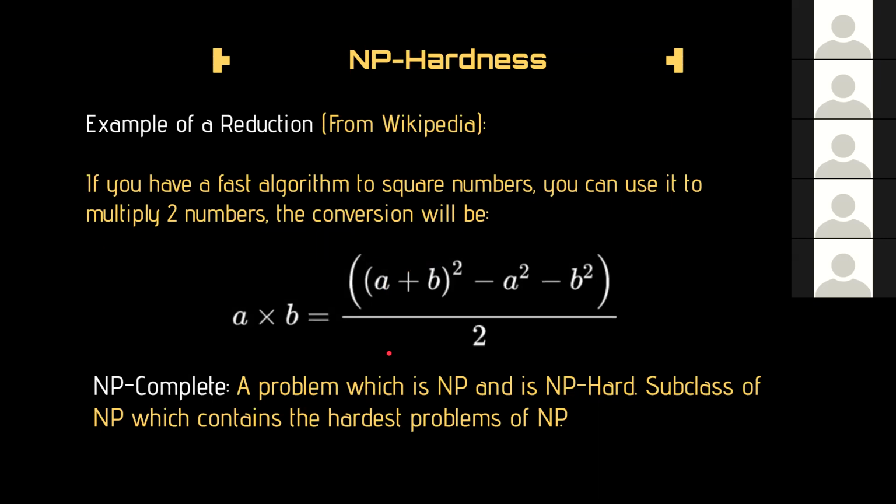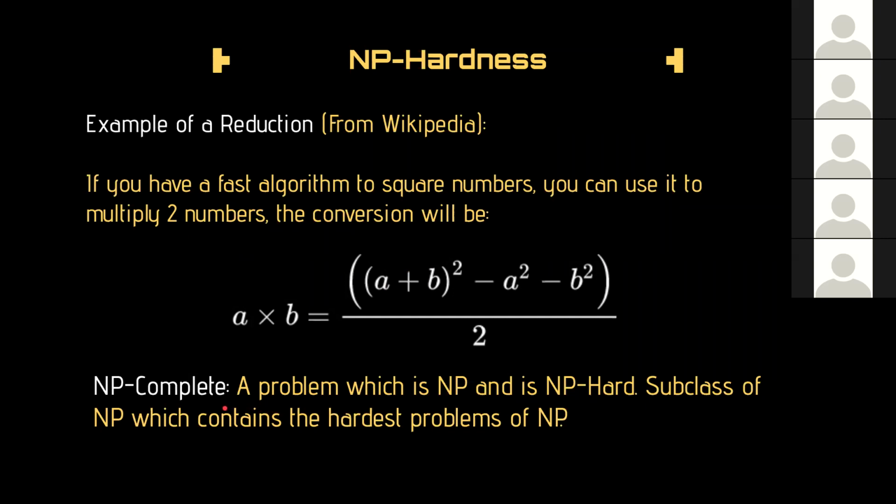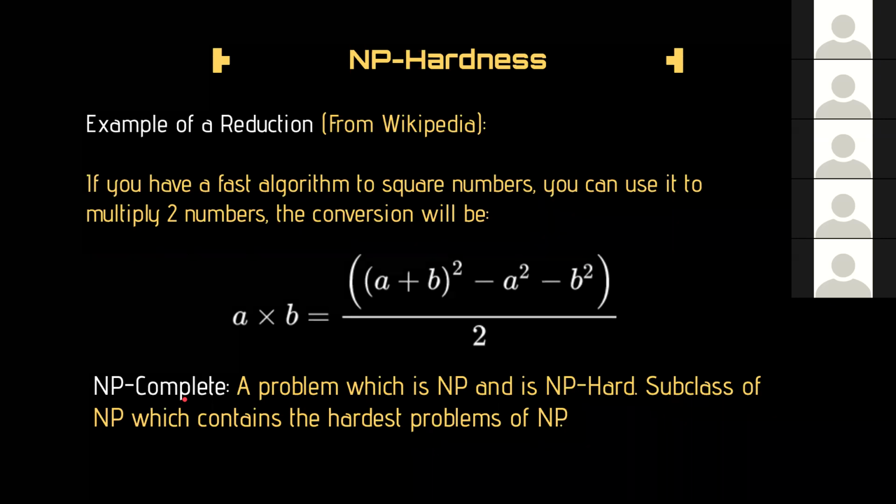As mentioned below, this is the procedure to convert the squaring problem into multiplication. Then we describe the intersection of NP and NP hard, that is the hardest problems in NP, as NP complete. All the problems in NP can be reduced to these NP complete problems in polynomial time.